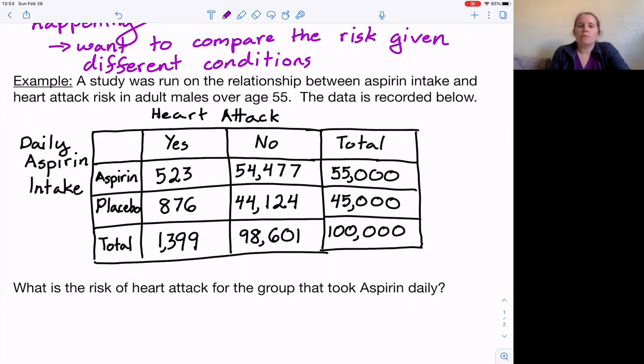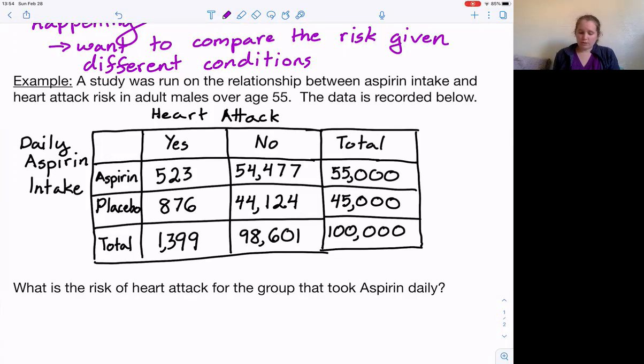And then it was recorded whether or not that person had a heart attack at some point later in their life. So there were 100,000 people in total in this study. Of those who took aspirin, 523 had a heart attack and 54,477 did not. Of those who took the placebo, 876 had a heart attack and 44,124 did not.